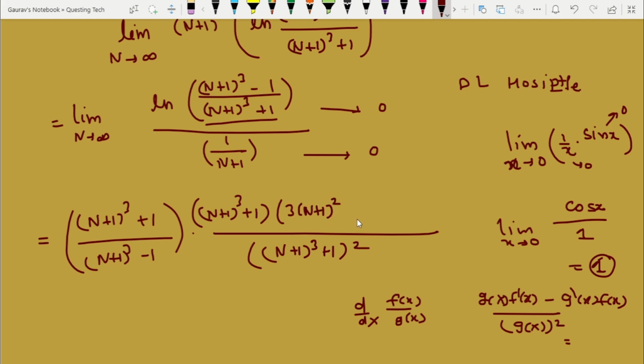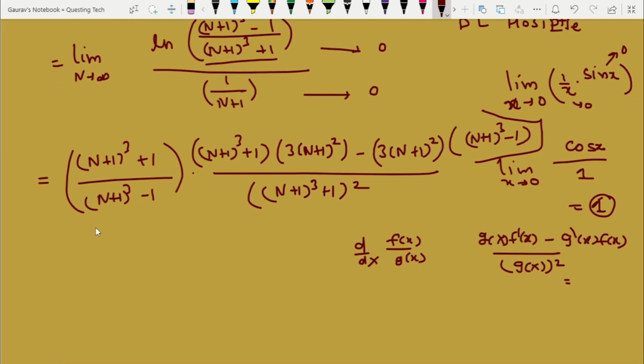We just differentiated f(x), or you can say the numerator, and then we also have 3(n plus 1) squared multiplied by this (n plus 1) cube minus 1 part.